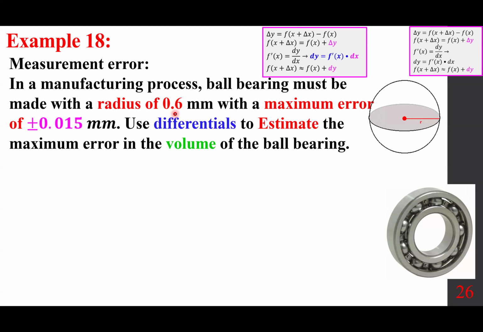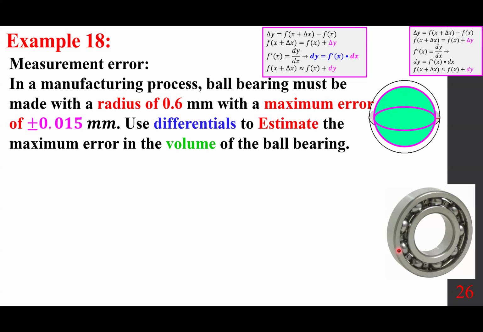It may go up, it may go down by this much. If it's smaller, then the radius is 0.6 minus 0.015, which is 0.585 millimeters, and it's still okay. If it gets smaller than that, then it's too loose and it may fall off.